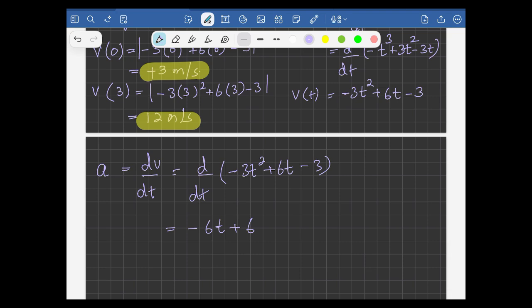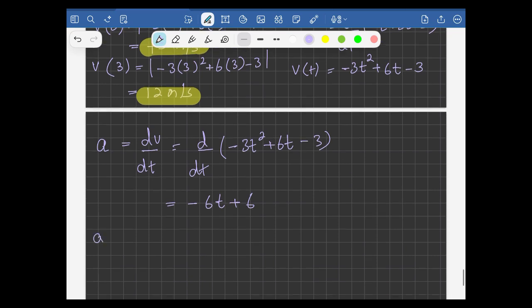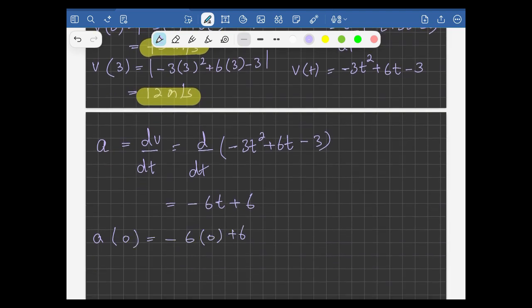Now let's find the acceleration at the endpoints. Acceleration at 0 equals minus 6 into 0 plus 6 equals 6 meter per second squared. And acceleration at 3 equals minus 6 into 3 plus 6 equals minus 18 plus 6 equals minus 12 meter per second squared.